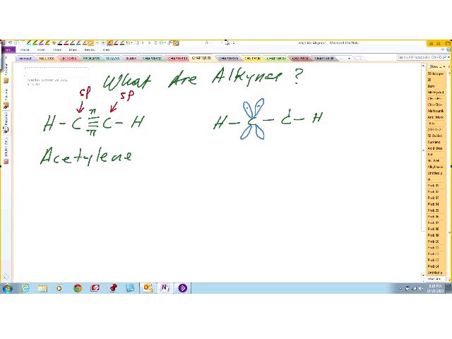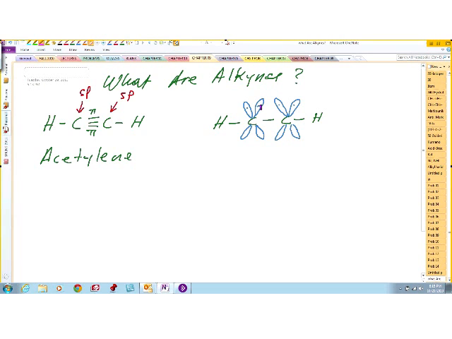The same thing on this carbon here, also containing one electron each. And then, because we know that carbon is tetravalent, carbon needs four bonds, you are going to get overlap of p orbitals.